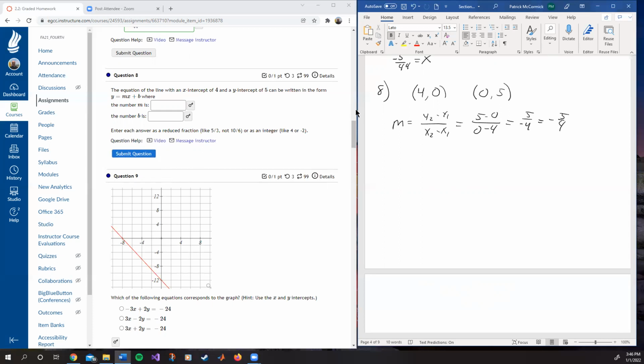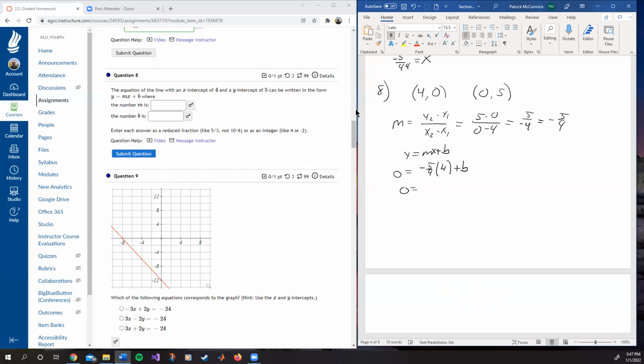The number b, so remember, y equals mx plus b. So let's choose one of our points. Let's choose (4, 0), right? So it means y equals 0. M is -5/4. X is 4 plus b.